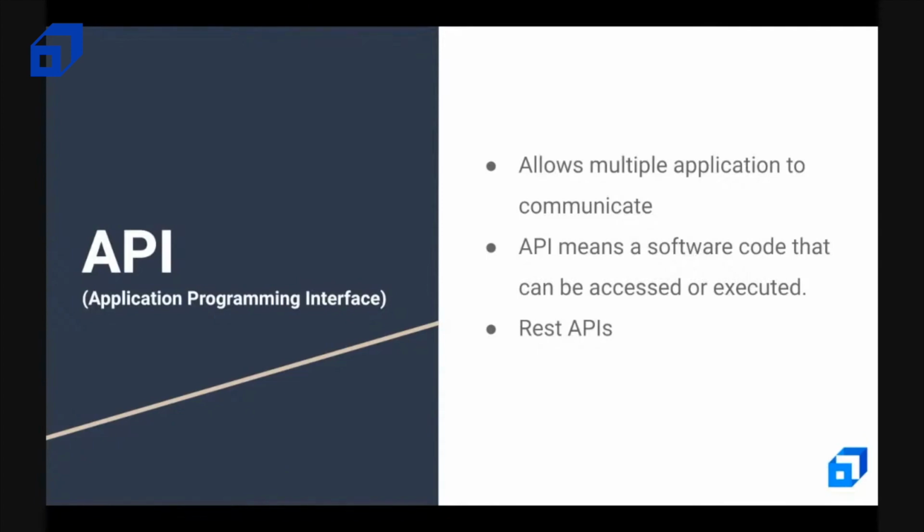We have a common language. I am transferring all my information in a particular language, and that person can understand my language. I can either use verbal language or I can use action, or if the other person is blind, we can use braille, or we have multiple other ways through which we can communicate. So API allows us to communicate with each other.